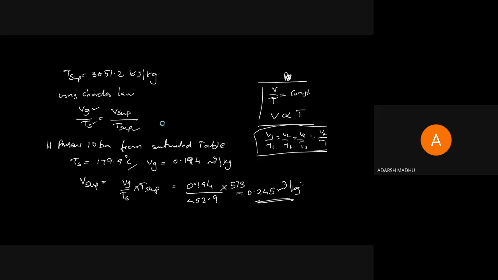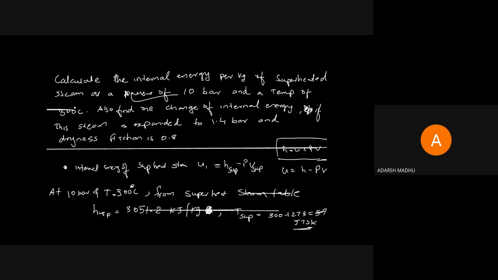Okay, so we had plotted a point where the condition is 10 bar and temperature is 300 degrees Celsius. Here it is given as temperature is 300 degrees Celsius and pressure is 10 bar. How superheated steam? So both are superheat conditions. 10 bar is superheat and 300 is superheat.